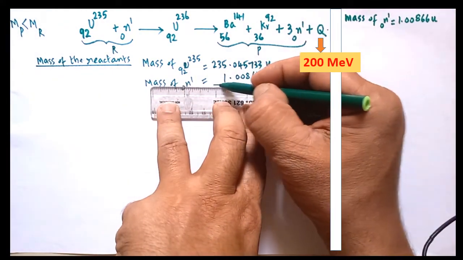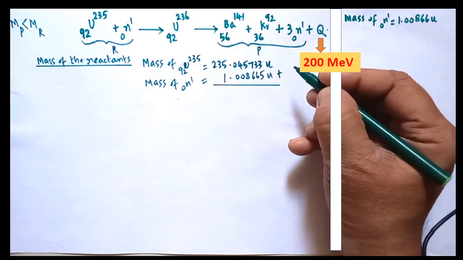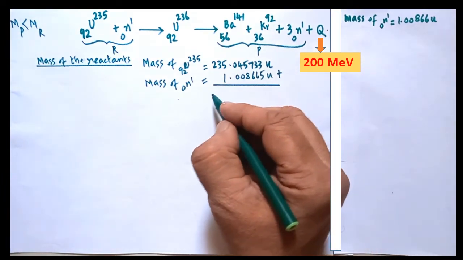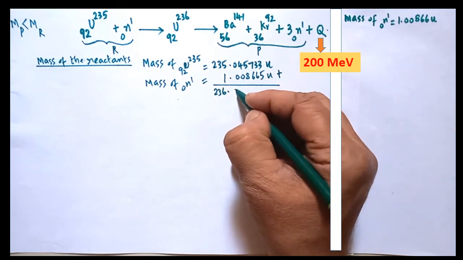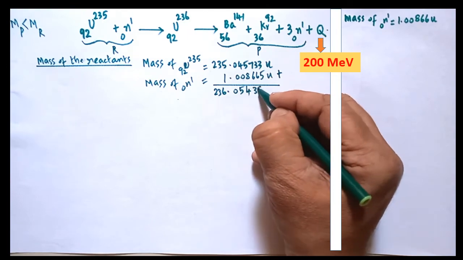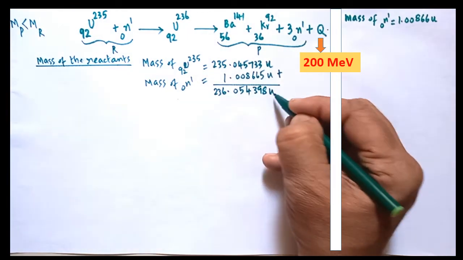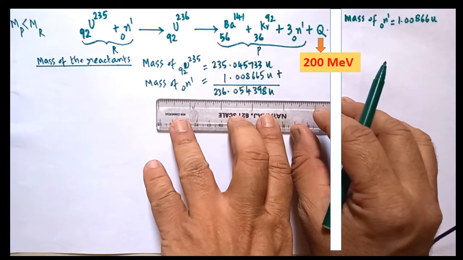Are you clear? Both of them must be added. After adding, you will get the mass of the reactants. The answer is 236.054398 atomic mass unit. So this value is called the mass of the reactant.